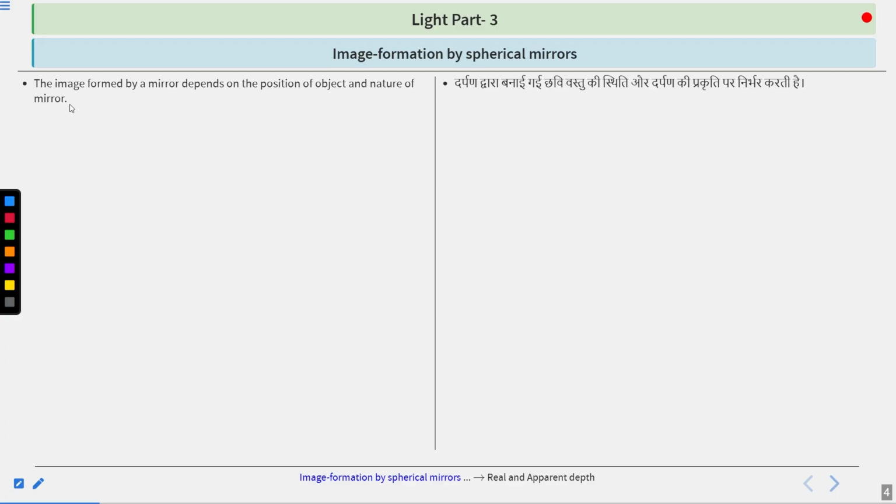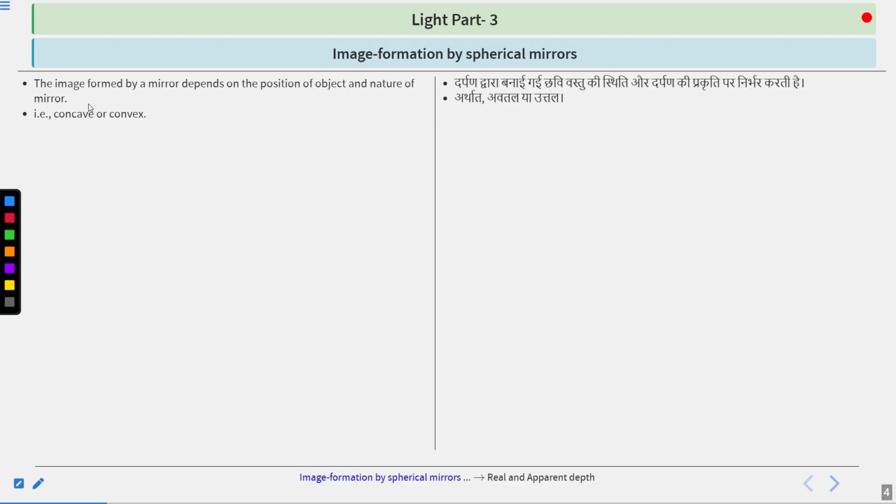This is an important point: whatever image you observe using a spherical mirror depends upon where the object is placed and what the nature of the mirror is, whether concave or convex. So these two things define the image or the outcome that we will observe on the screen.